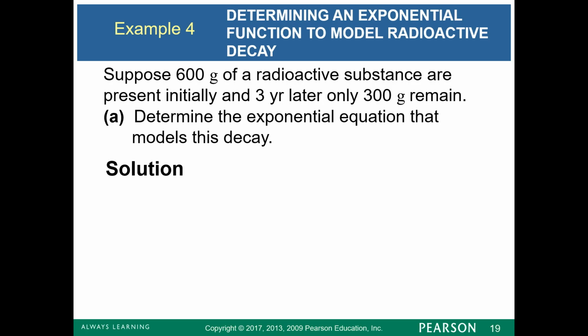Determine the exponential equation that will model this decay. So this is decay because the initial amount is 600 gram and the amount after 3 years is 300 gram. So you have to find out the model for this one.